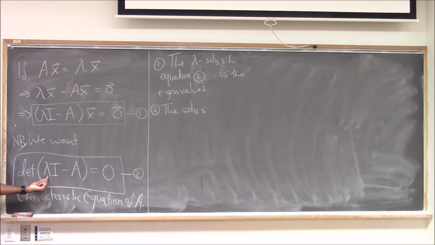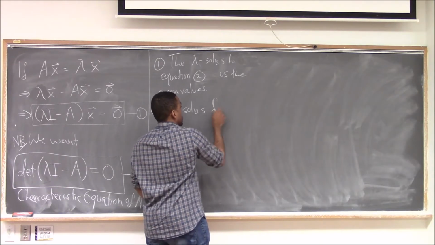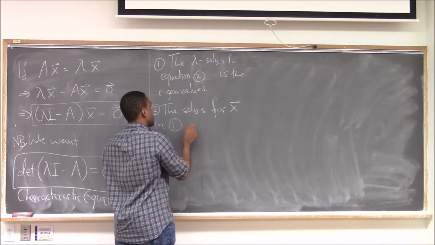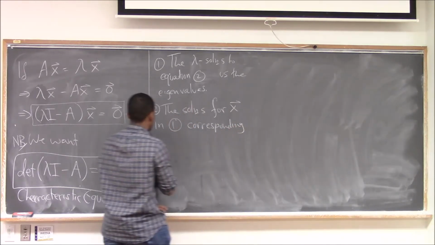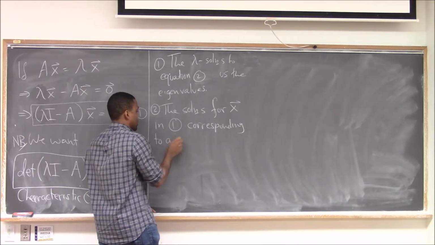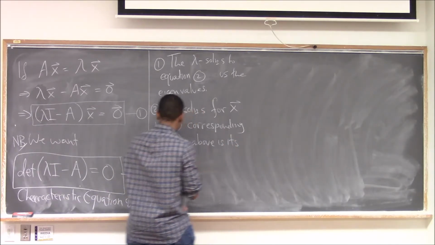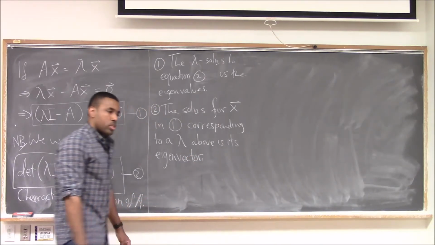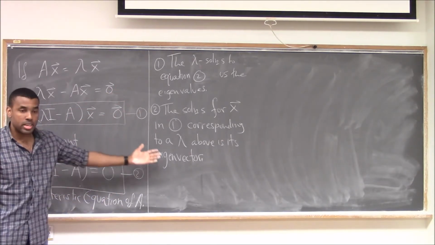You're going to take each of those values, plug it back into here, and solve for the vectors, and that's going to give you the eigenvectors. So that's the procedure. It's actually a 2-step procedure. We always start by finding the eigenvalues first, and then we're going to find the eigenvectors.